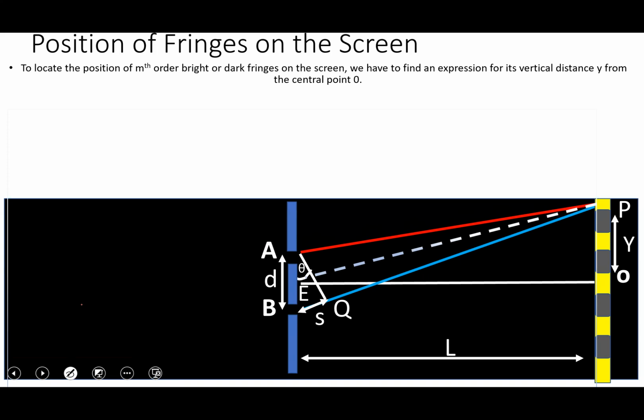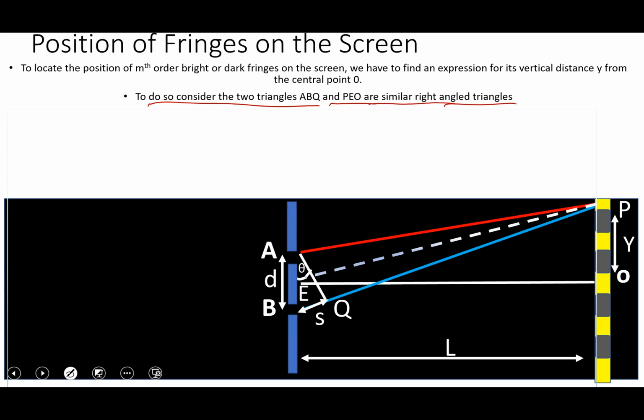Let's see over here. If I imagine a triangle PEO, and this similar triangle ABQ, then we can solve the answer for y. So let us make a solid triangle over here. Consider two triangles ABQ and PEO are similar right angle triangles, as we can see over here.